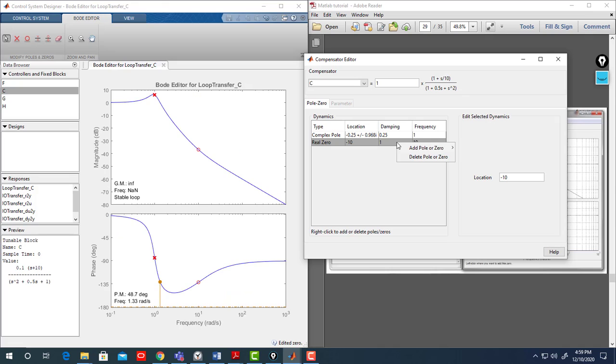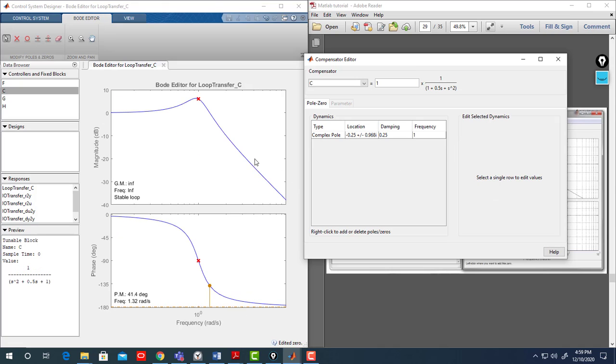Let me delete it. Okay, so this is minus 40 decibel and this is minus 180. If you add the 0 at 10 radian per second, here it will go to minus 90 and here it will go to minus 20 decibel per decade.